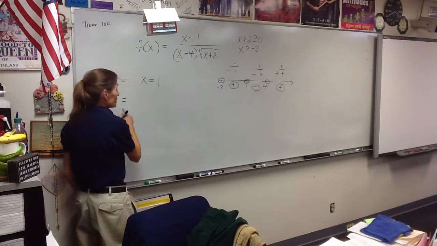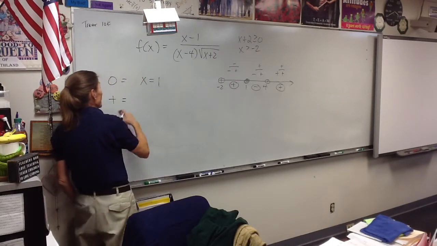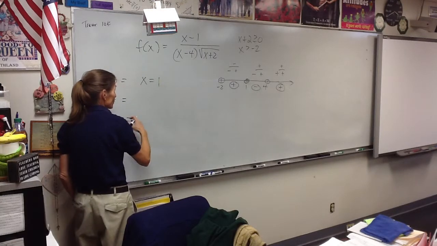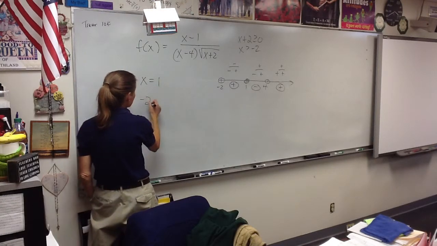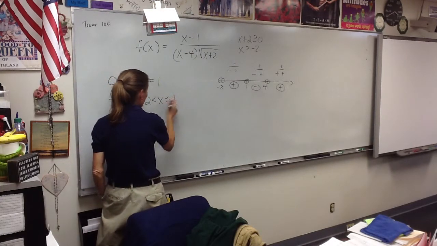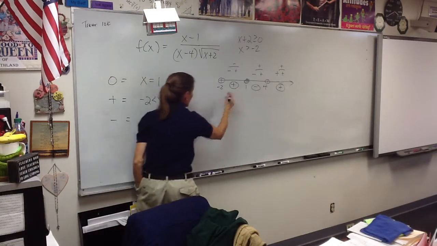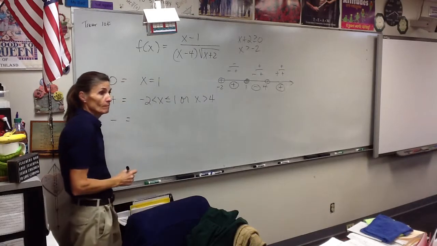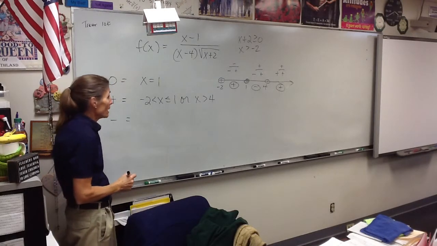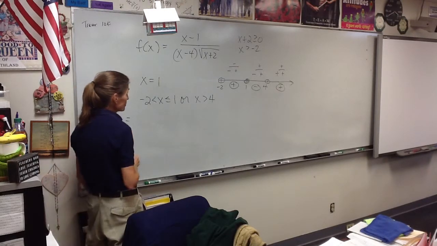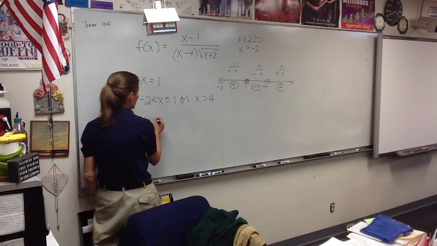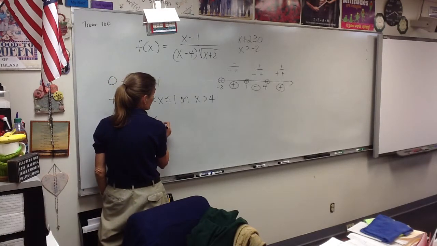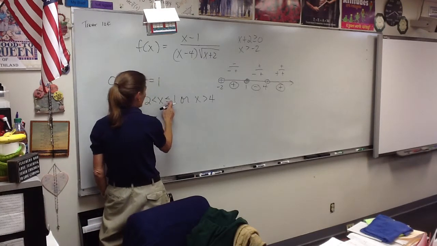So to answer the question, where will I get positive answers? Well, between -2 and 1, or bigger than 4. And where will I get negative answers? Between 1 and, oh, I gotta be careful.